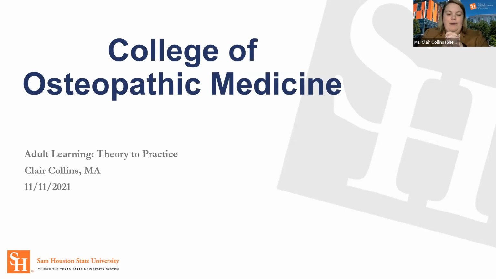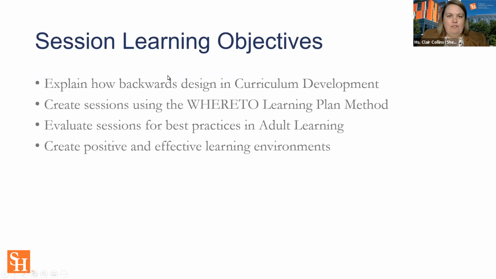So a little less about what the scholarly journals say, and a little more about what we actually do when we have a student rotating with us or a resident, and we need to put some best practices into play. Our objectives for today are very straightforward. We're going to learn how to explain backwards design in curriculum development and why that's important, not only to you if you have residents, but also to SHSU-COM.